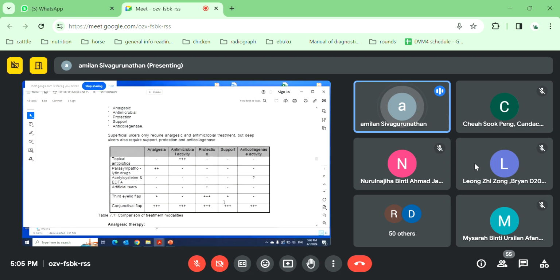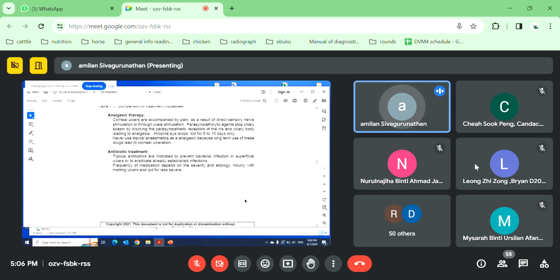Of course, there are the two surgical methods, third eyelid flap and the conjunctival flap. You can see the benefit of the conjunctival flap over the third eyelid flap. There's no support, there's no protection. Although some people think they are protecting the eye, all you're doing is maybe reducing some pain in a mild way and providing very mild support, but not the adequate support needed for the globe.